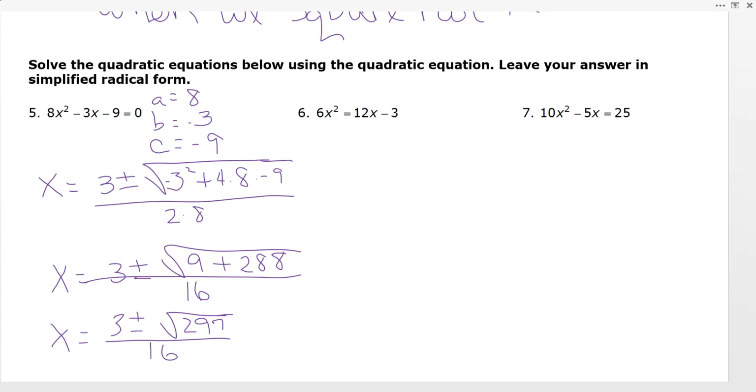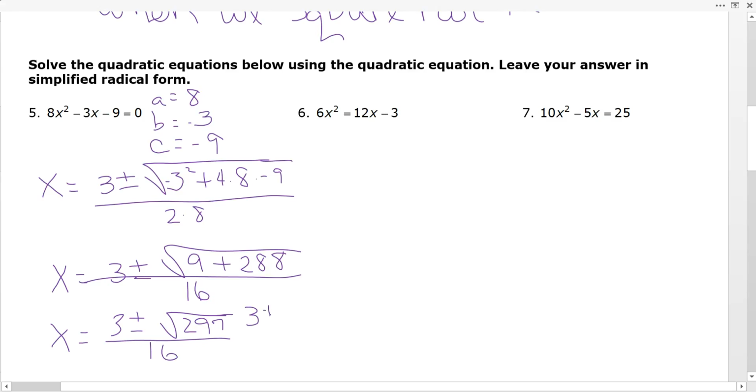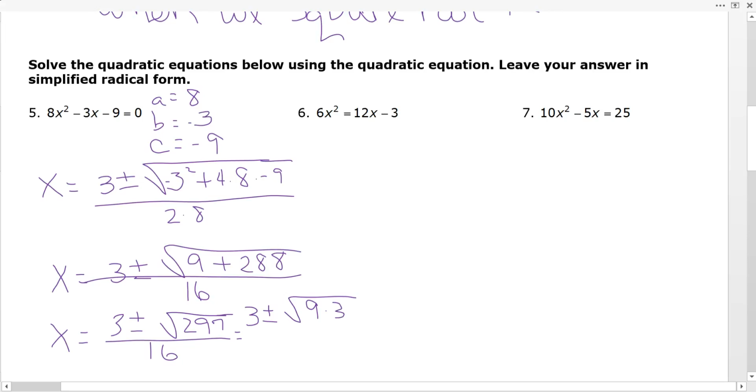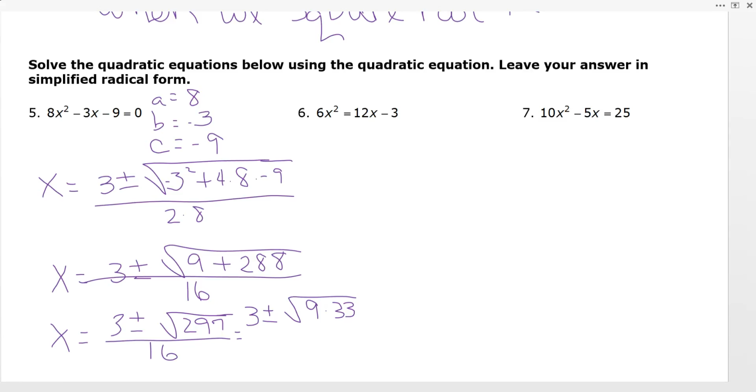So that's 9 times, I'm looking at my paper, but it's not helping me. 9 times 33. Yep, 9 times 33. So 33 is 3 times 11, and neither one of those are going to be perfect squares.